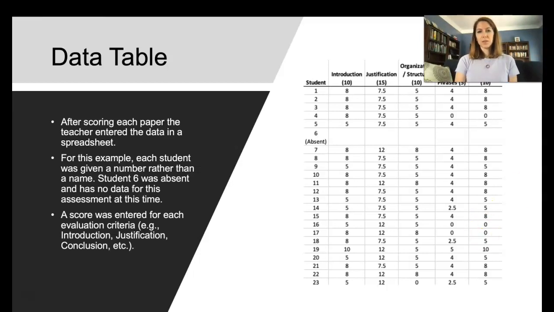So, for example, the introduction has its own column, justification, which is another piece of the rubric, has another column, and so on. So every column has an evaluation criterion that appears in the rubric. And I know it's kind of hard to see the whole thing because my webcam's in the way, but know that the columns to the right say linking phrases and conclusion.